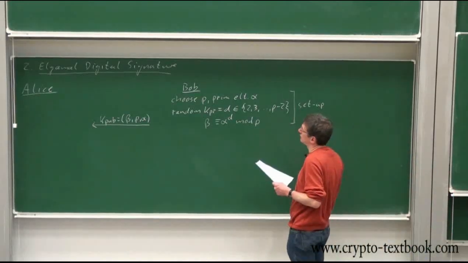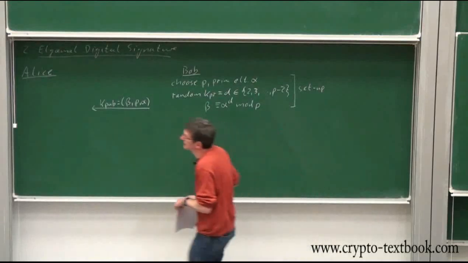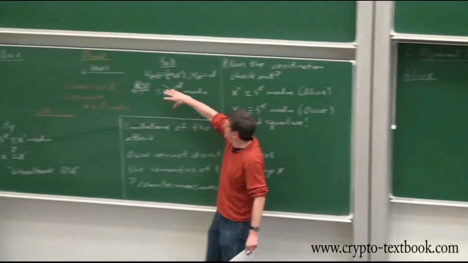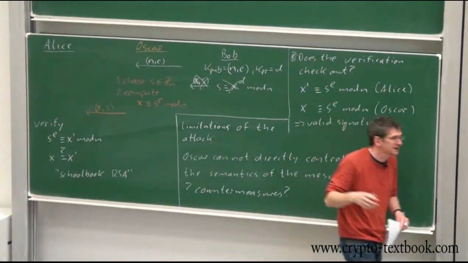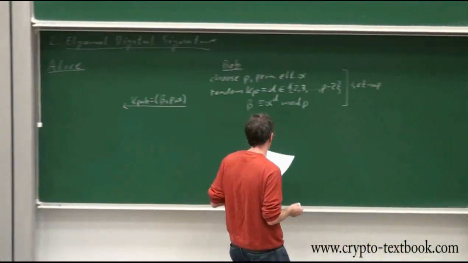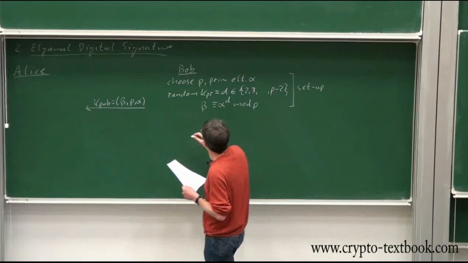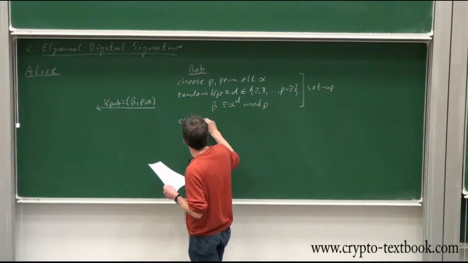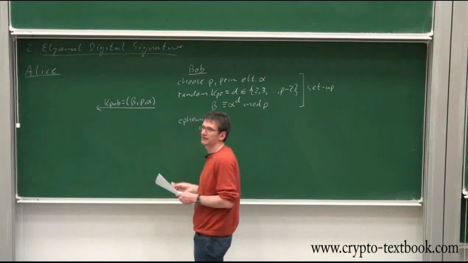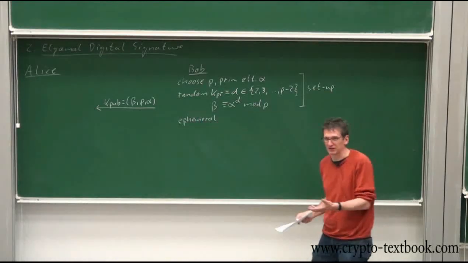Okay, now let's look at how the signing goes. In RSA, signing was really easy, it was just one exponentiation, and now it's getting a little bit more complicated with El-Gamal. He now has an ephemeral key, a really fancy word for temporary.